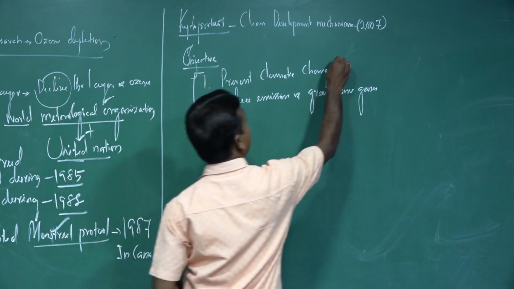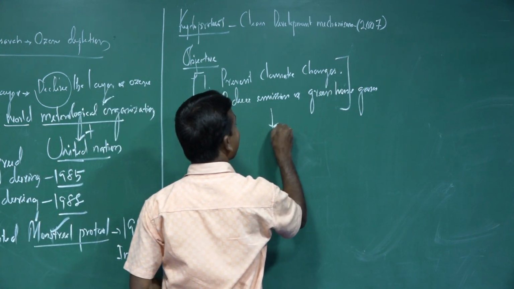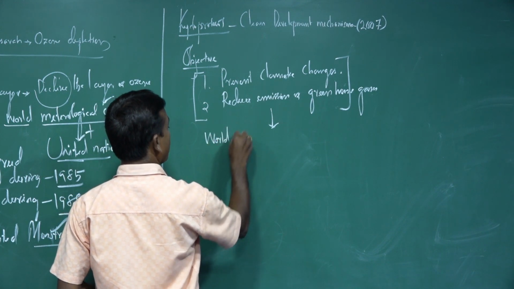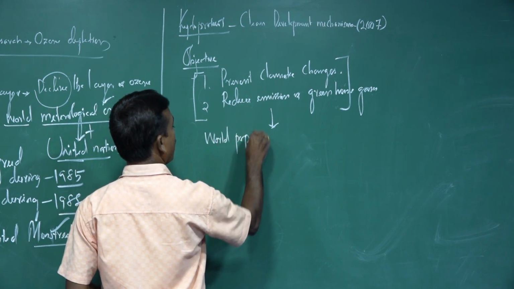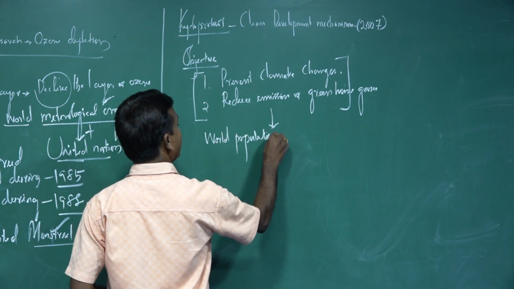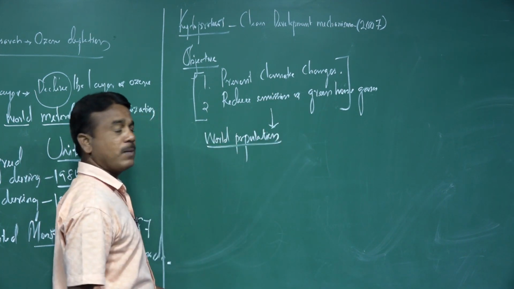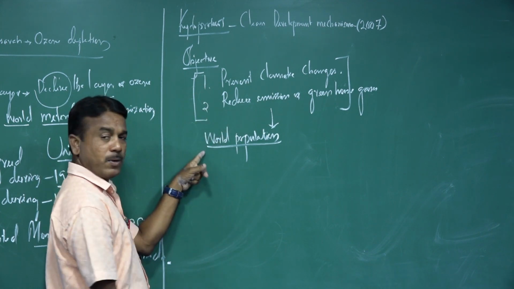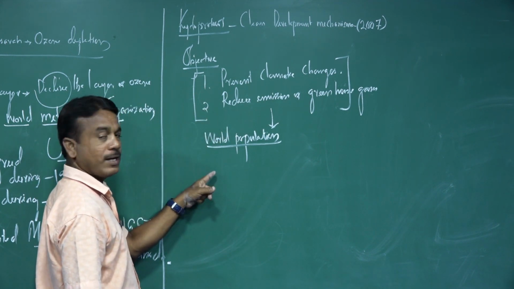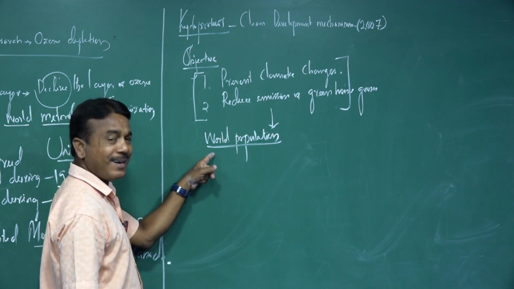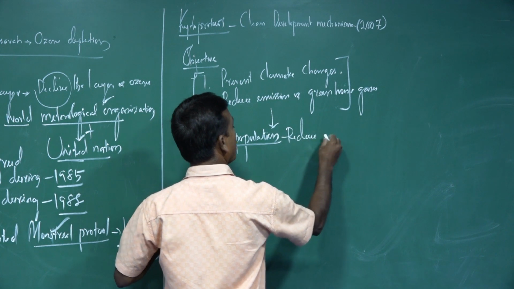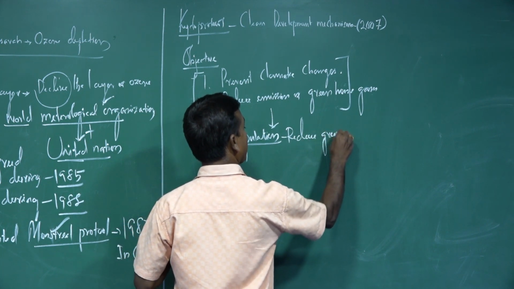These two objectives greatly help the world population. There are two objectives to be followed by world people. By following them, the world becomes clean because greenhouse gases are reduced.